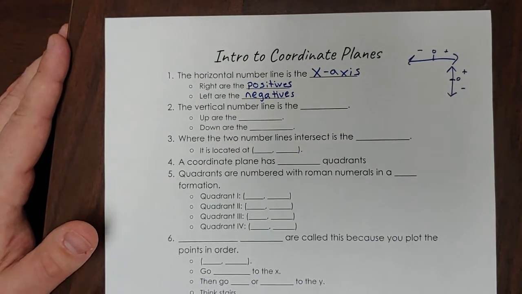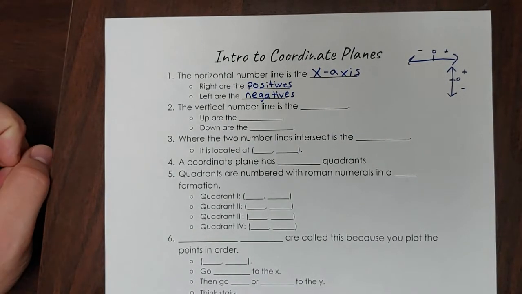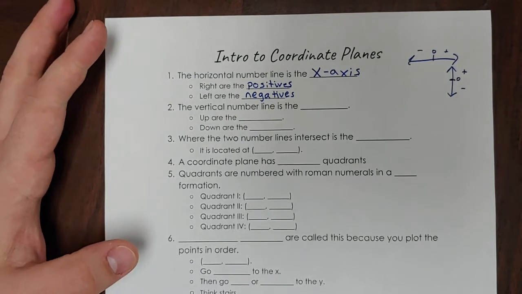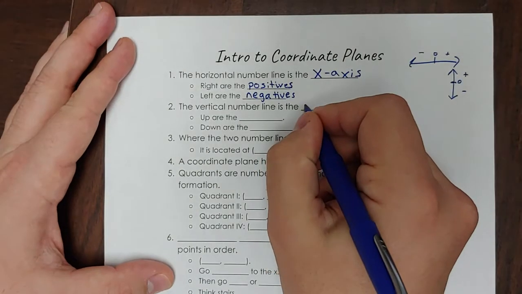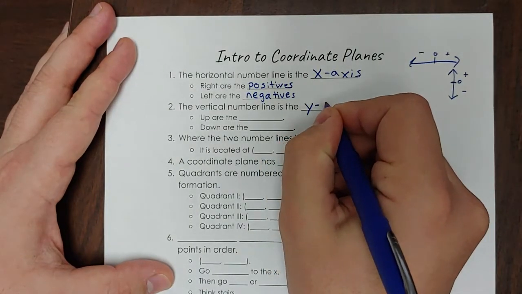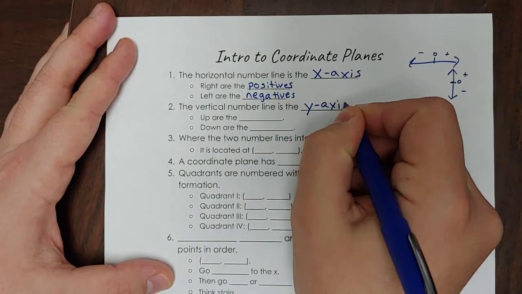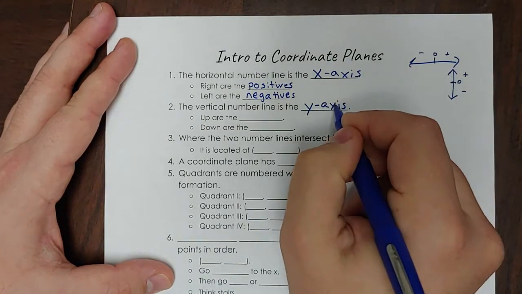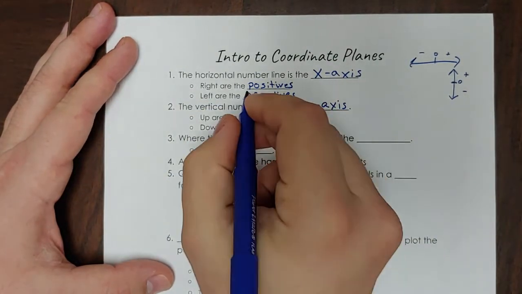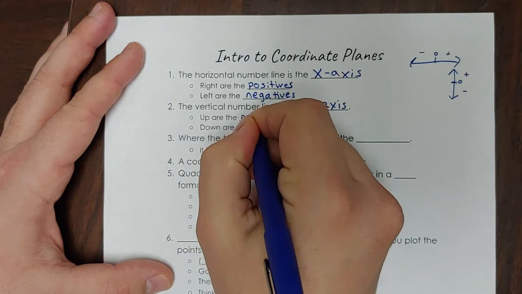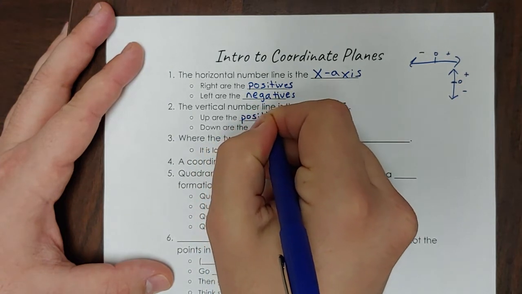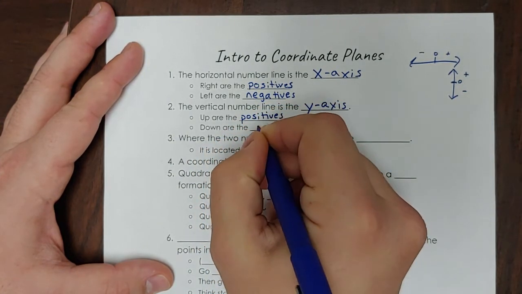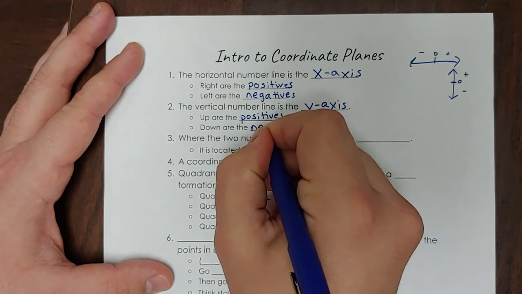Same way it is with the regular number line. And then the vertical number line is the y-axis. Jeremiah just told us that. So the up and down is the y-axis. The ups are the positives, and downs are negatives.